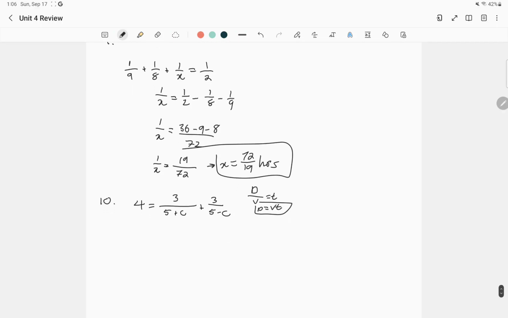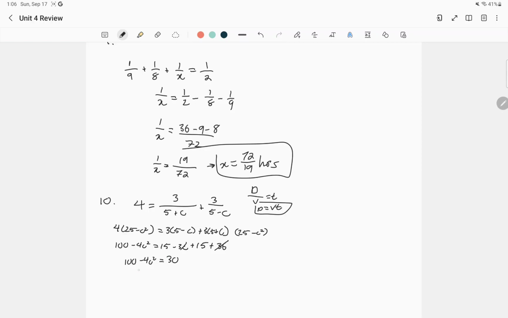So if we simplify this by multiplying everything by 25 minus c squared, because that's our difference of squares again, we have 4 times 25 minus c squared equals 3 times 5 minus c plus 3 times 5 plus c, which is equal to 100 minus 4c squared equals 15 minus 3c plus 15 plus 3c. The 3c's cancel out. We have 100 minus 4c squared equals 30.